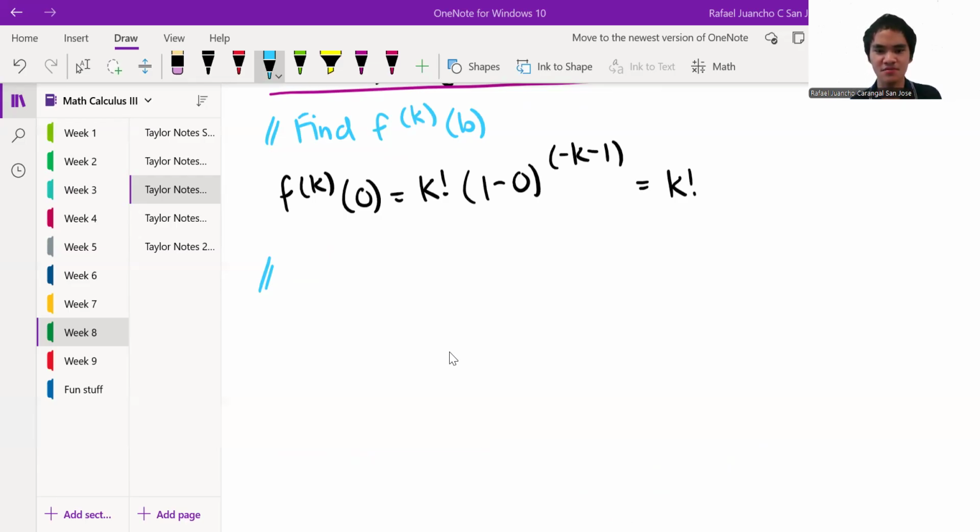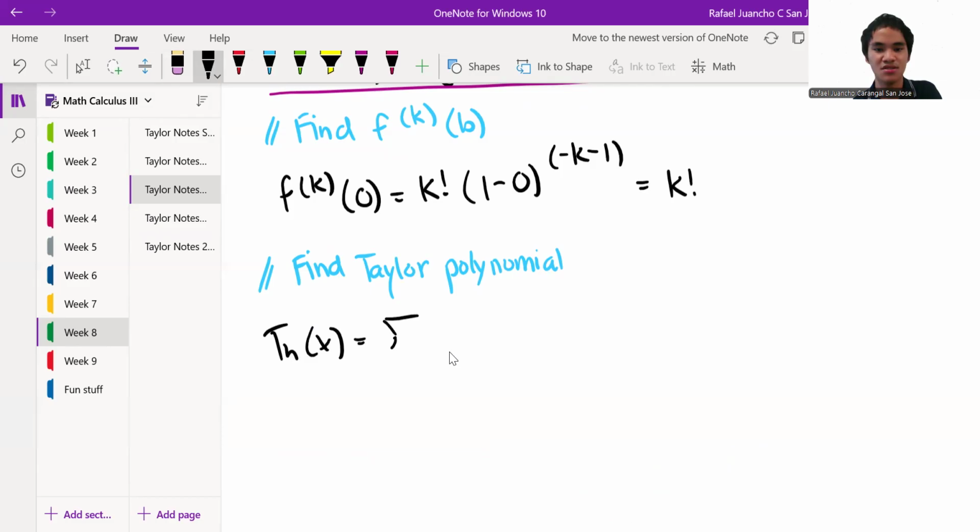Okay, you know what? I don't think I get it too much for now, but let's skip this a bit. So basically now our Taylor polynomial is some summation starting from k equals 0 to n. We do f of k of 0 over k factorial, times x to the k.